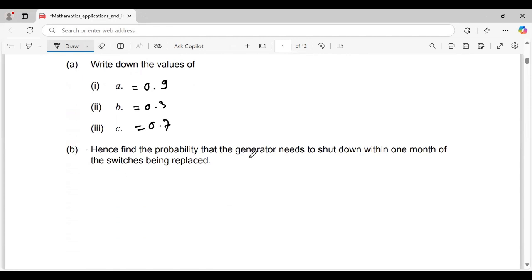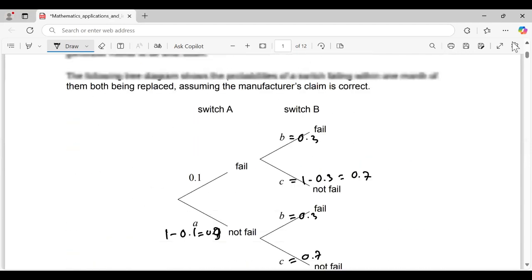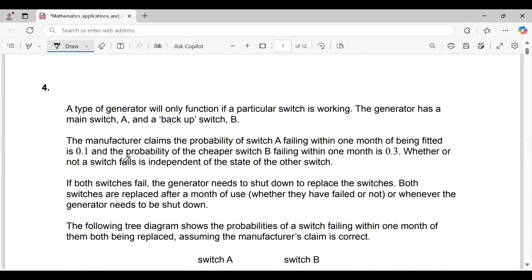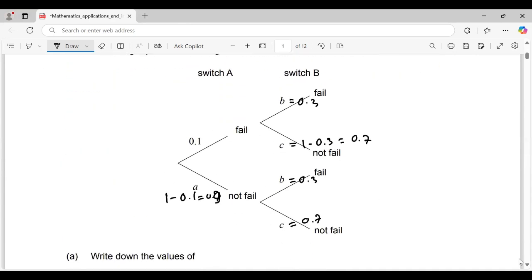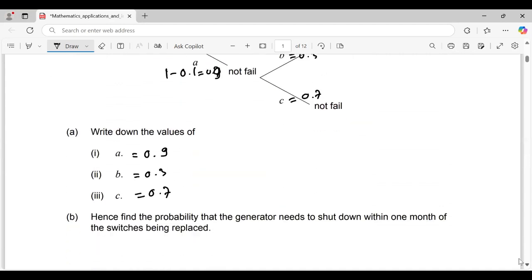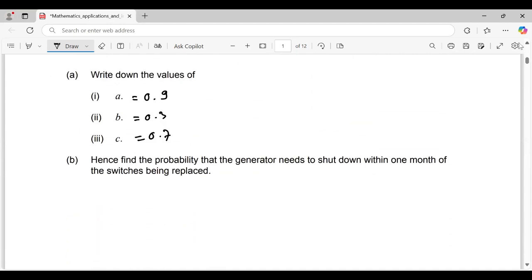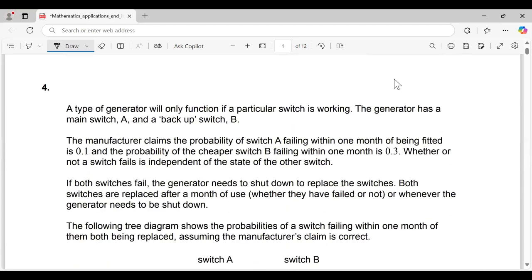Hence, find the probability that the generator needs to shut down within 1 month of the switches being replaced. If you look at the information here, the probability of shutdown means both fail.